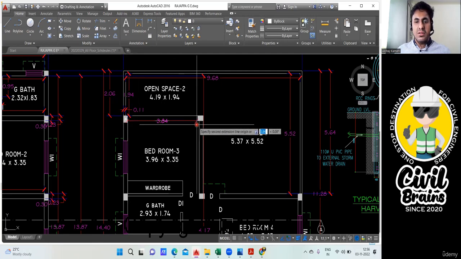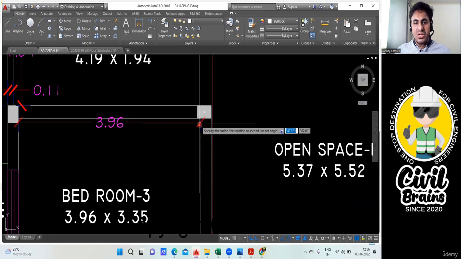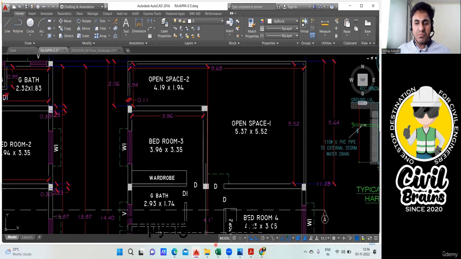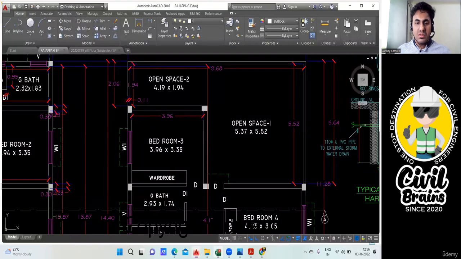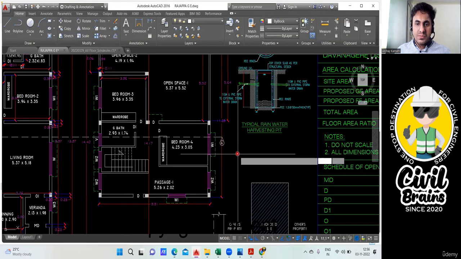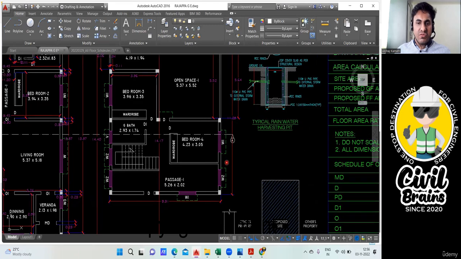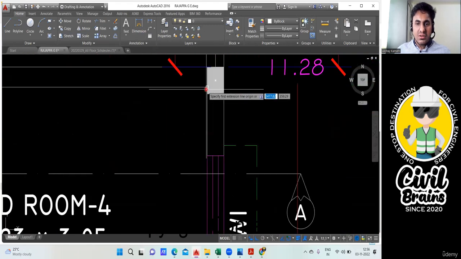So this plastering length, till where you'll do the plastering? Till this part you'll do the plastering. It is 3.96, so here you should write 3.96. This is 5.18 I've written. Let me verify, because I don't know from where I started.